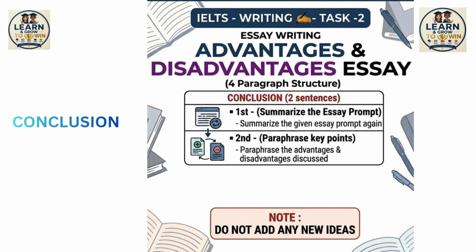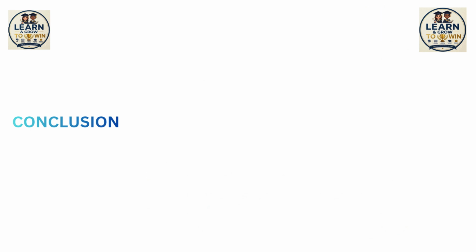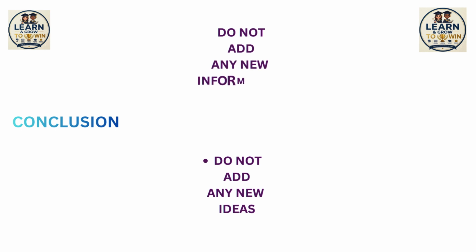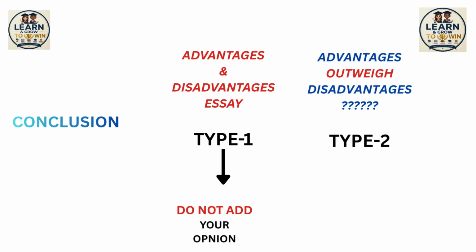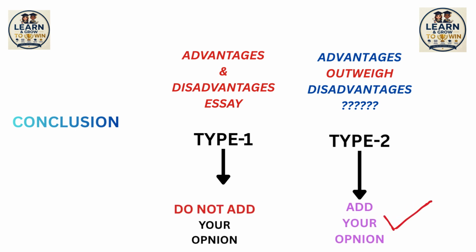Also remember, you do not add any kind of new information in your conclusion because it's really not necessary. Also, you do not give your opinion even here, because this is the type 1 category of advantages and disadvantages essay. In the other category, type 2, of course you can add your opinion.